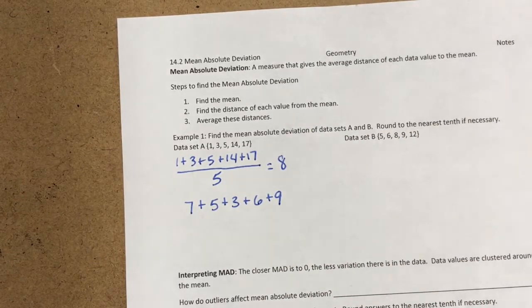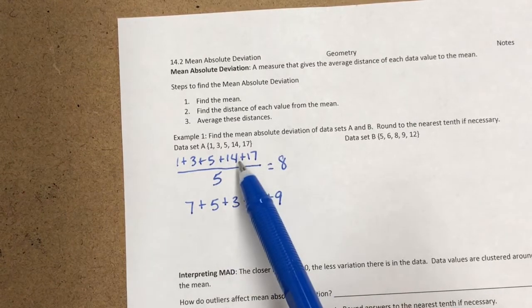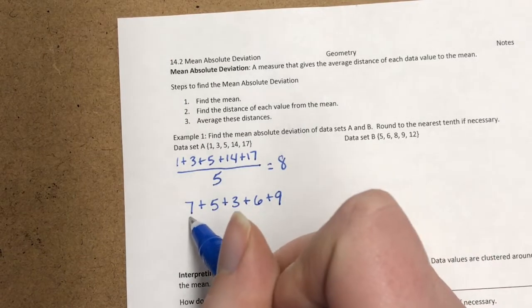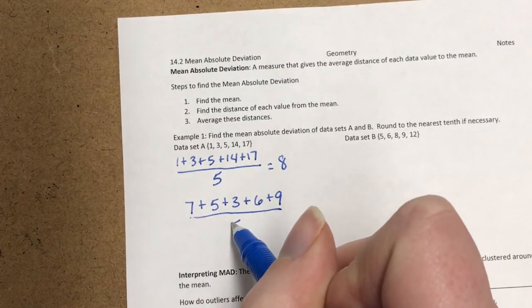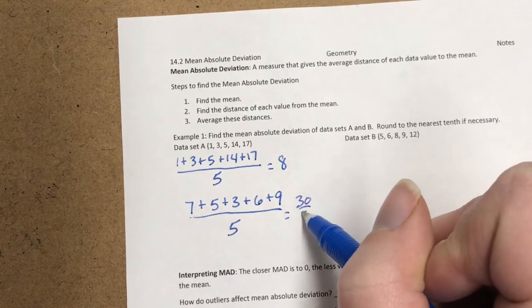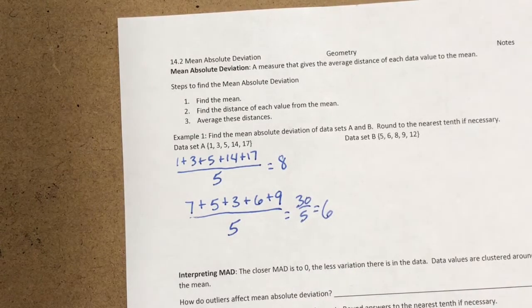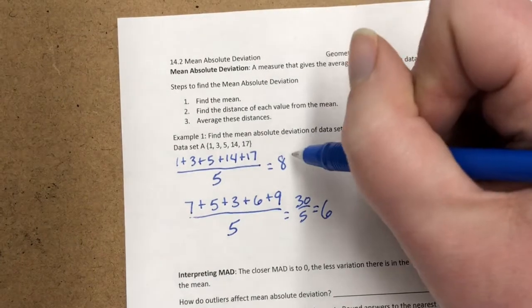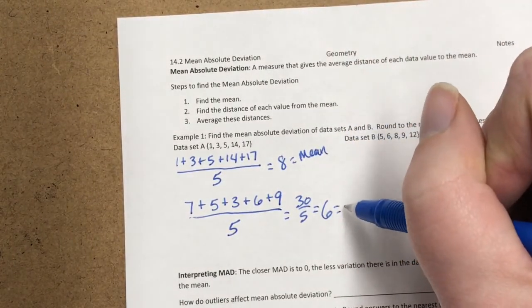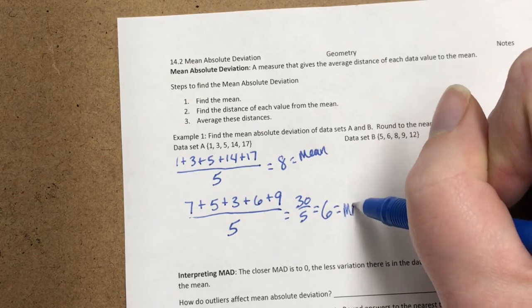Remember, distances cannot be negative, so that's why I used positive. So once I flipped, I took 14 minus 8 to get the 6 and 17 minus 8 to get the 9. And I'm going to divide by 5. This will be 30 divided by 5, which is 6. So this is my mean, and this is the mean absolute deviation.